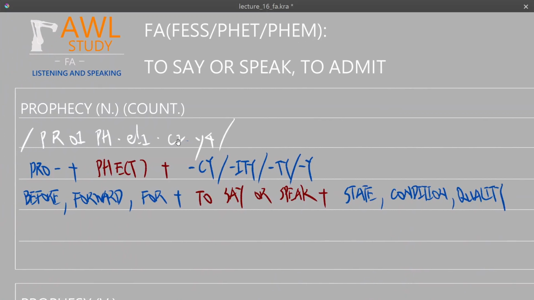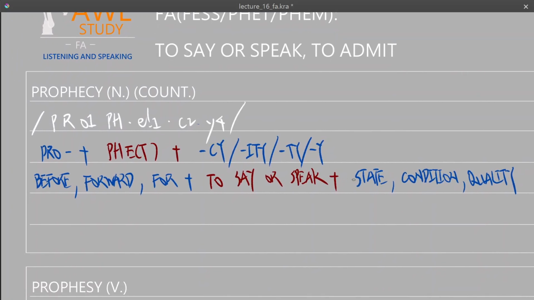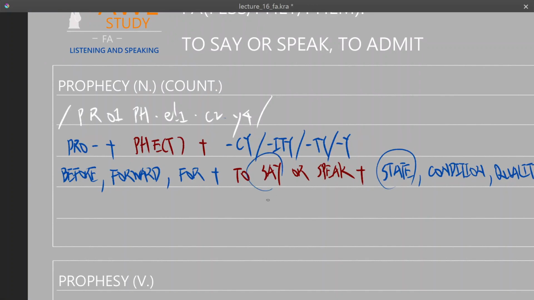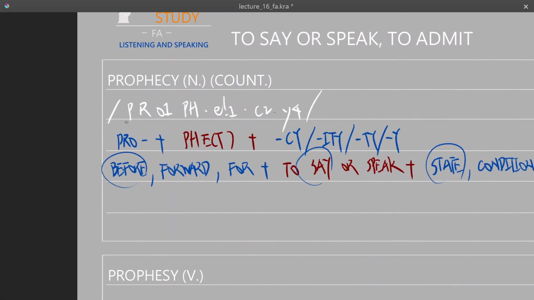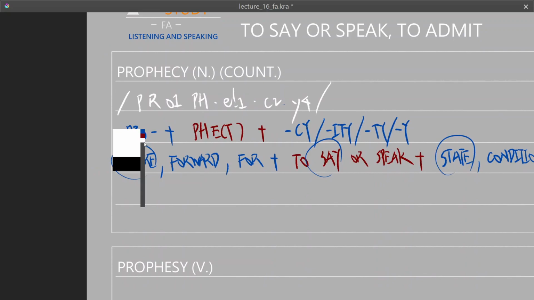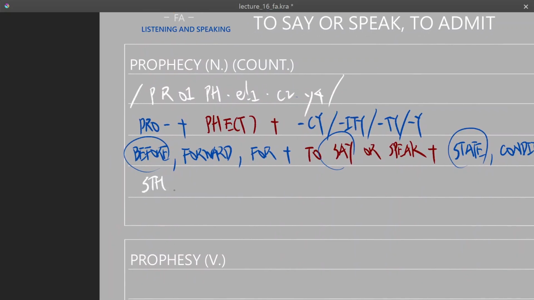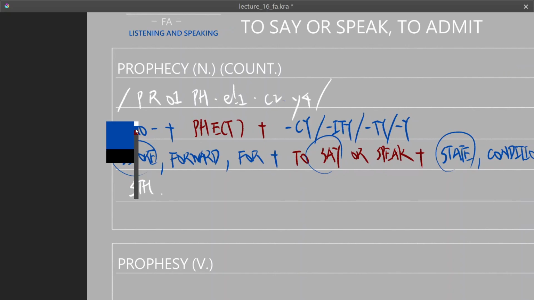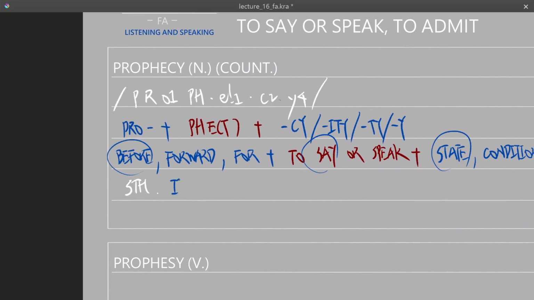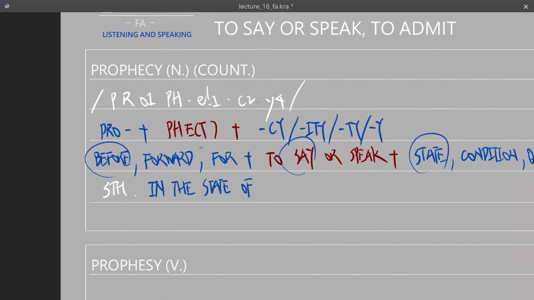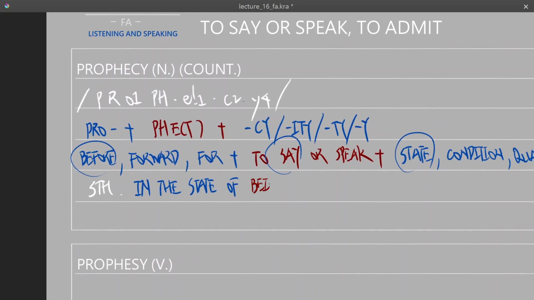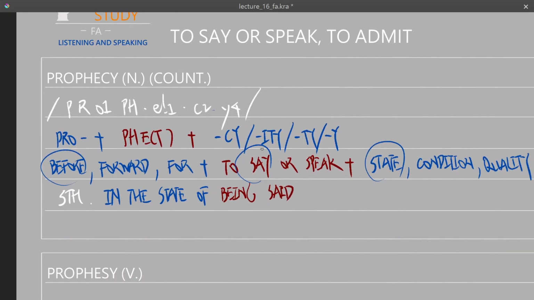So prophecy literally means something in a state of being said beforehand.